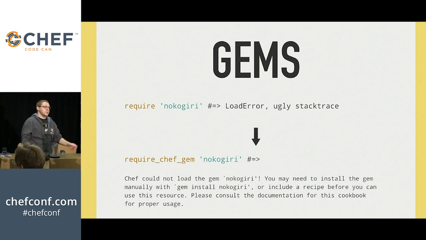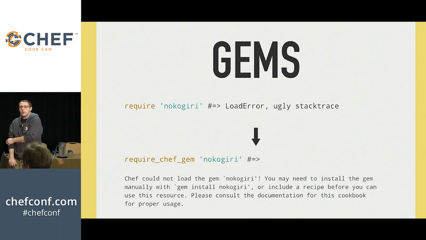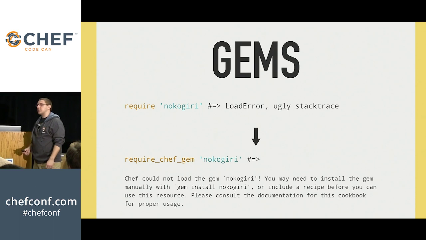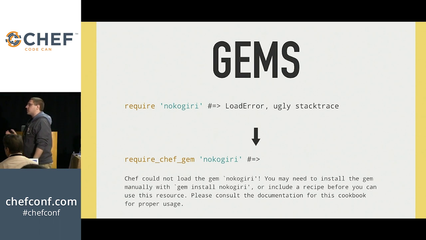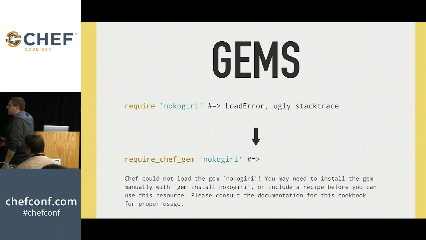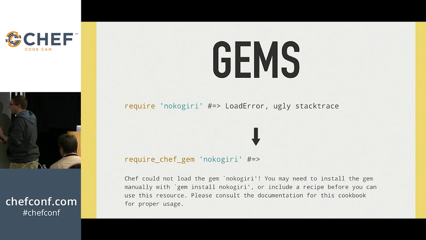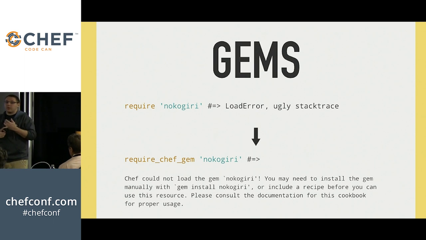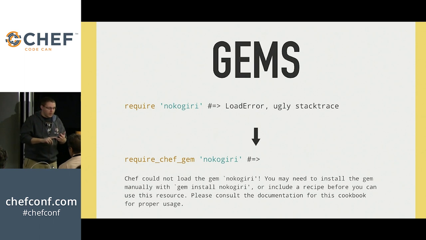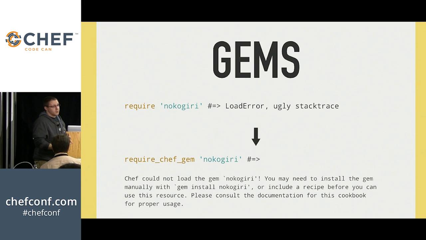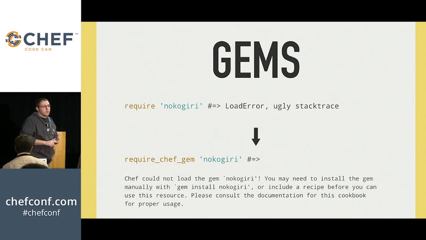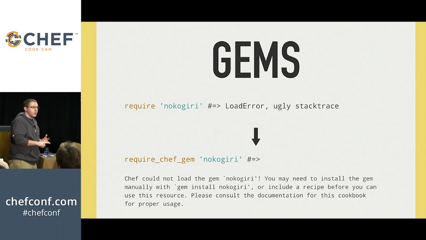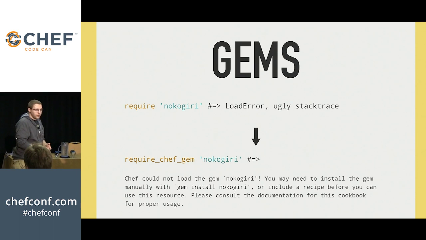Whereas if you look at require_chef_gem, which is super simple, it just wraps require and rescues LoadError. It gives a simple, informative message to the user that says, hey, here's this gem that you told me to get. I couldn't do it. I don't know why I couldn't do it, but I couldn't load it. You should definitely look at the README, because RTFM, and you should definitely look at the documentation, because I bet there's something in there that says there's a prerequisite step before you can use this cookbook.